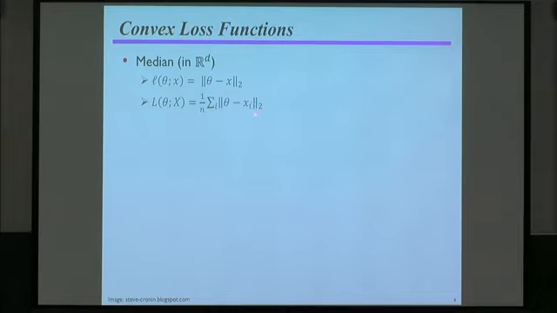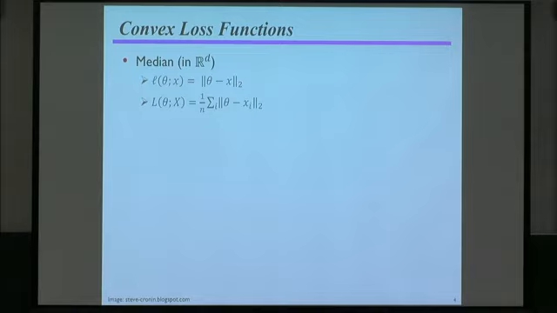So if I were to minimize the sum of the squares of the Euclidean norms, that would also be a convex minimization problem. That would be the mean. If I minimize the sum of the norms themselves, what I get is the median. And they correspond to different statistical contexts, right?